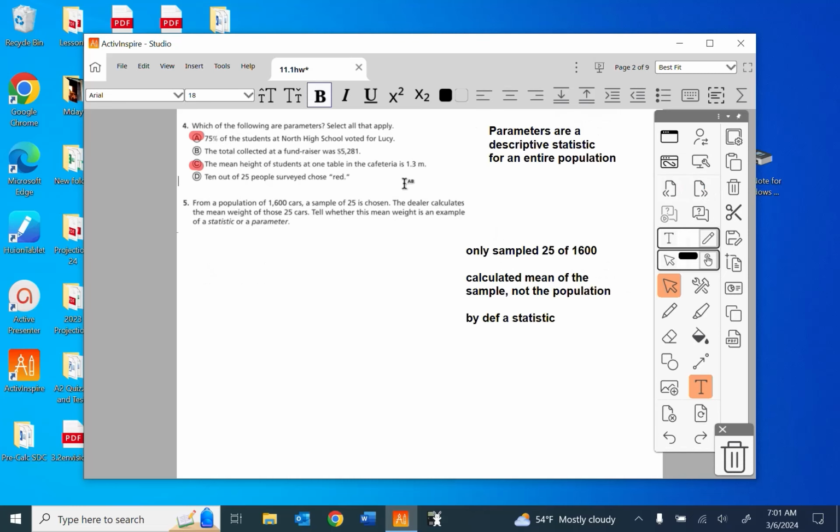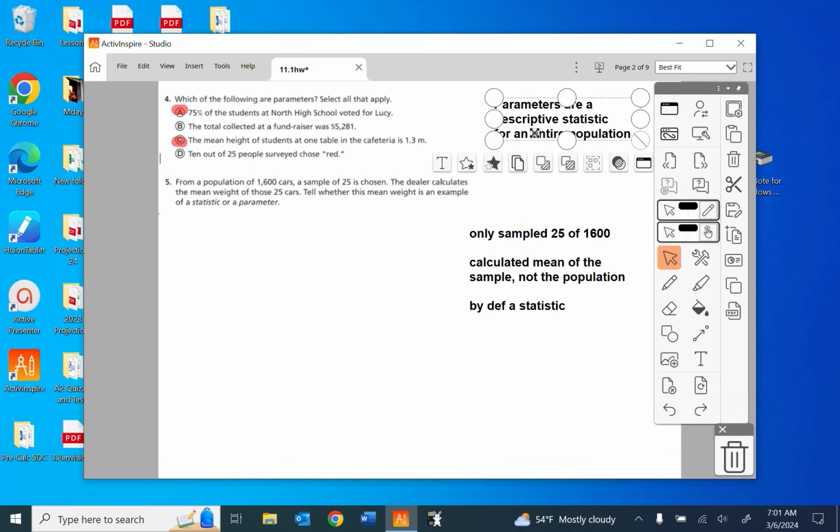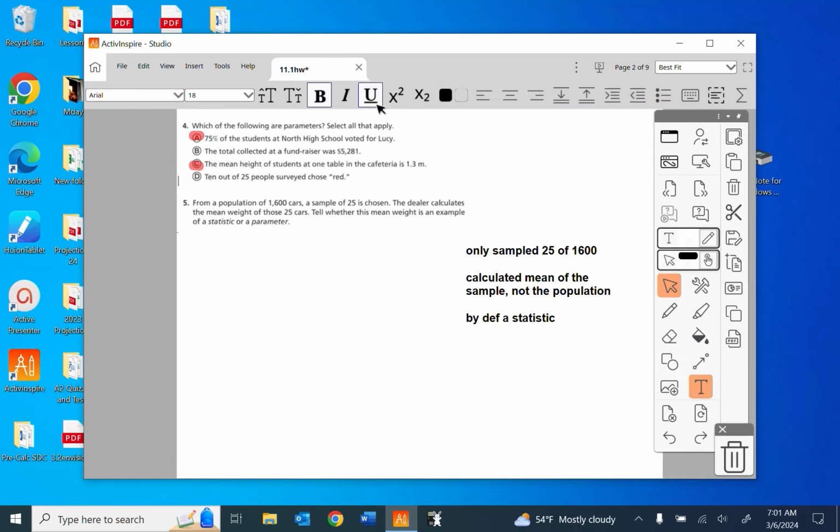And the reason that I think the earlier one is probably a population is because they're only talking about the people at that table. That's it. They're not trying to relate it to the population. I could also make an argument that this one is also a parameter. I just don't like that one. But anyways.